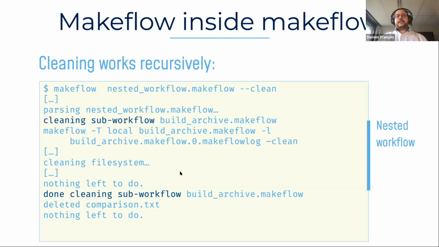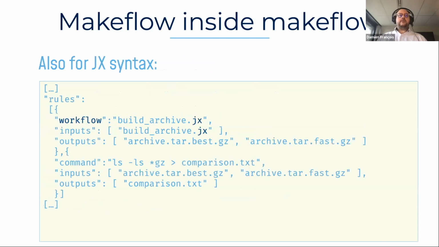This was the syntax for nested workflows with the Makeflow syntax, but also, of course, you can use it with the JX syntax. Simply replace the command keyword with the workflow keyword, and here the name of the Makeflow. This is equivalent to what I've shown earlier.